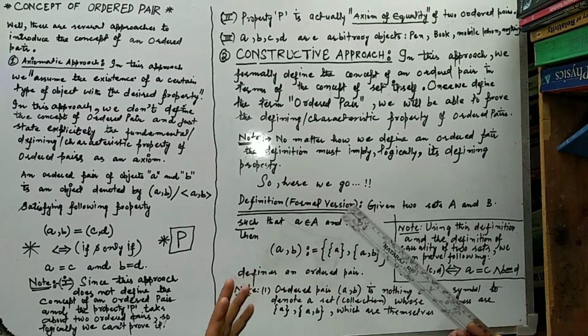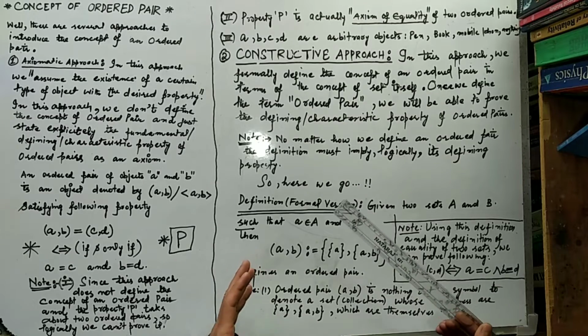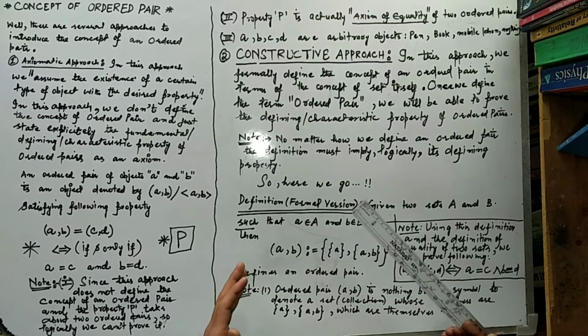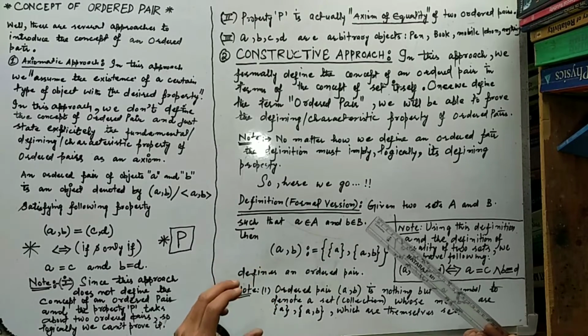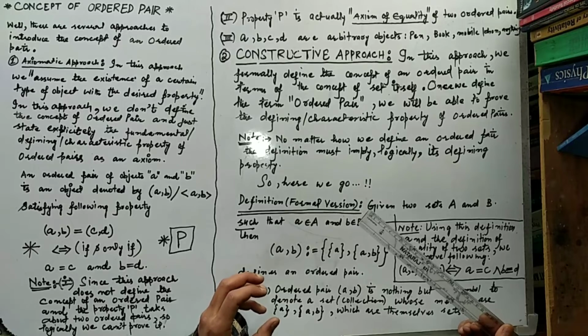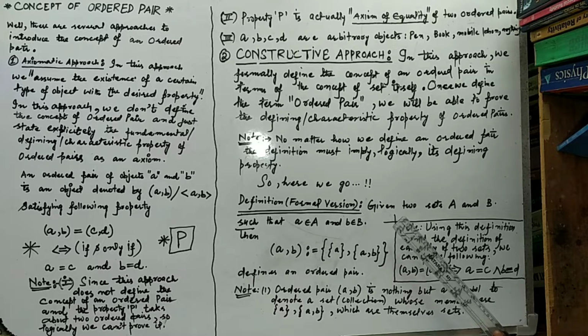So here we go. This definition that we are about to state is the formal definition of an ordered pair. Remember that in this definition, we are going to define the concept of an ordered pair in terms of sets. Now, if I have two arbitrary sets A and B, such that a belongs to A and b belongs to B, then this expression defines an ordered pair.